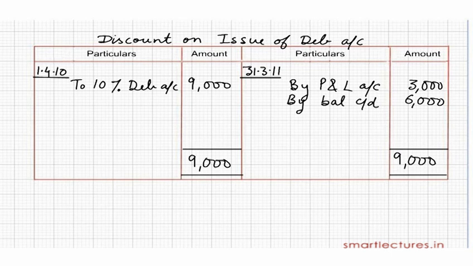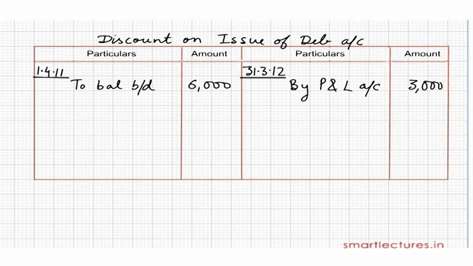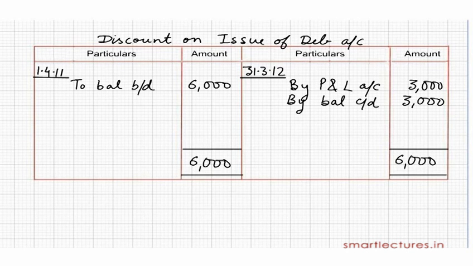On 1st April 2011, to balance b/d 6,000, and on 31st March 2012, on the credit side we'll write down by profit and loss account 3,000 rupees, and on the same date by balance c/d 3,000 rupees. So the total will be 6,000 rupees on both sides.